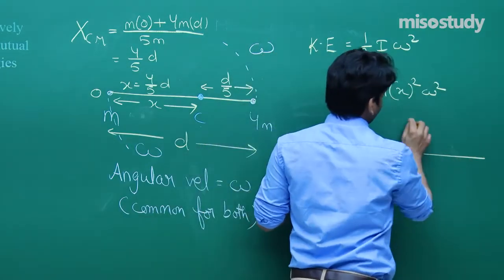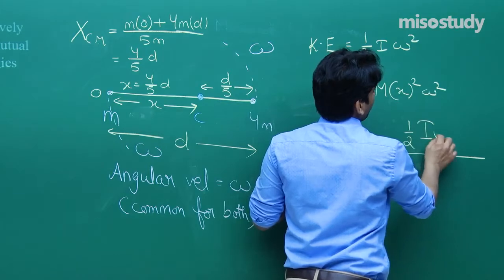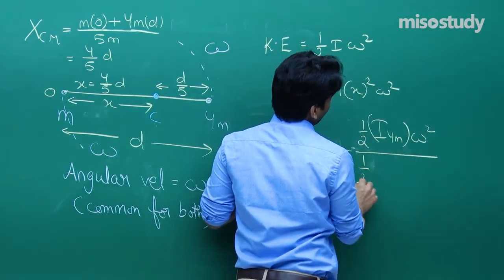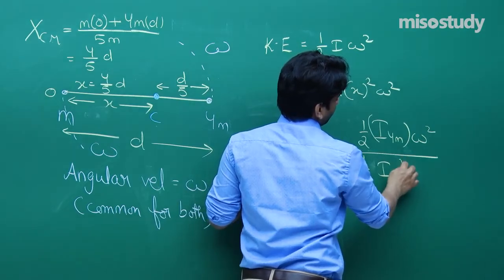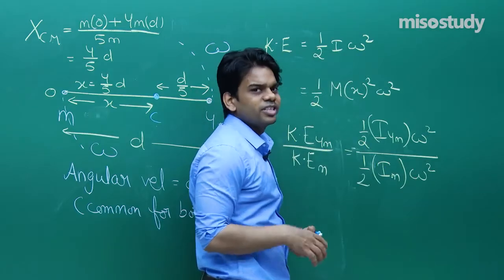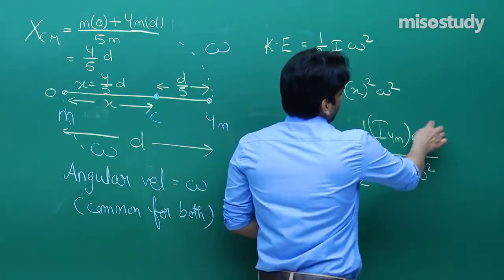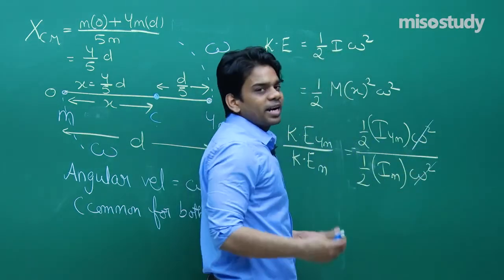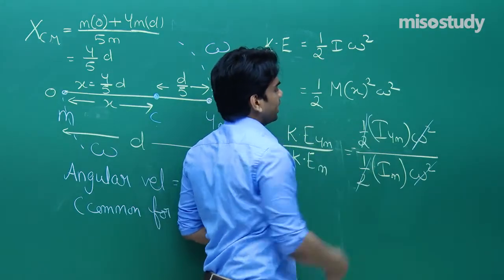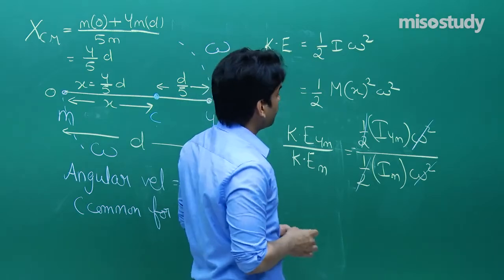That is half I of 4m multiplied with omega square, over half I of m multiplied with omega square. Both have different moments of inertia. Omega square is common and can be cancelled out, and half and half can also be cancelled out. So you only have to take the ratio of the moments of inertia.